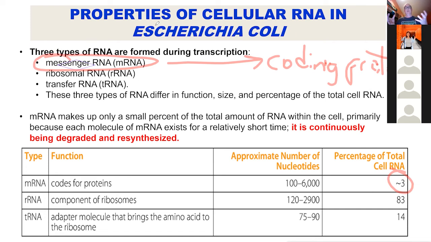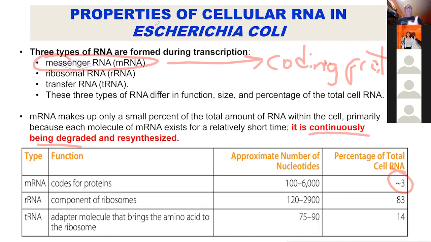Generally you don't want messenger RNA to be around for a really long time, because when you need the RNA, you make it, it makes the protein you want, then you want it to go away because you don't want to make that protein anymore. So it's being continuously degraded. It's constantly being chewed up because you don't want excess protein being made.